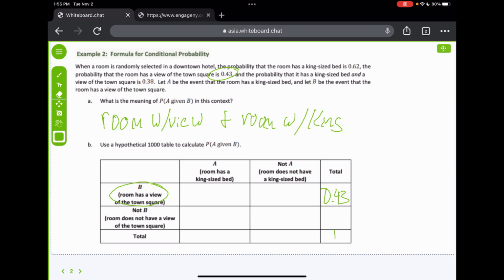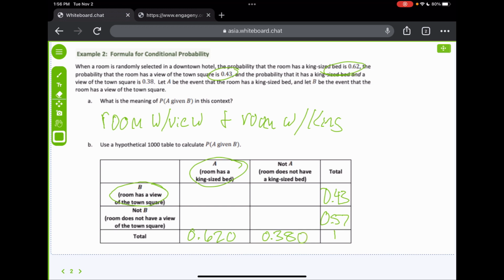Now we know the probability that it has a king-size bed, and let's do this right here. King-size bed. There you go. Well, the probability that it has a king-size bed would be 0.620. Now we can go ahead and calculate these nots here, the complements of A and the complements of B. Okay.